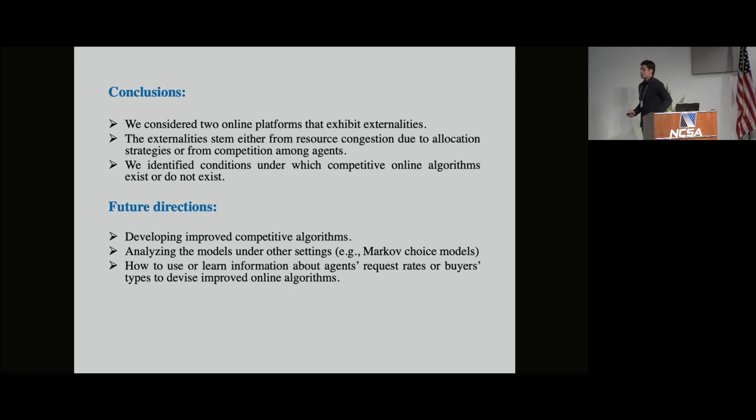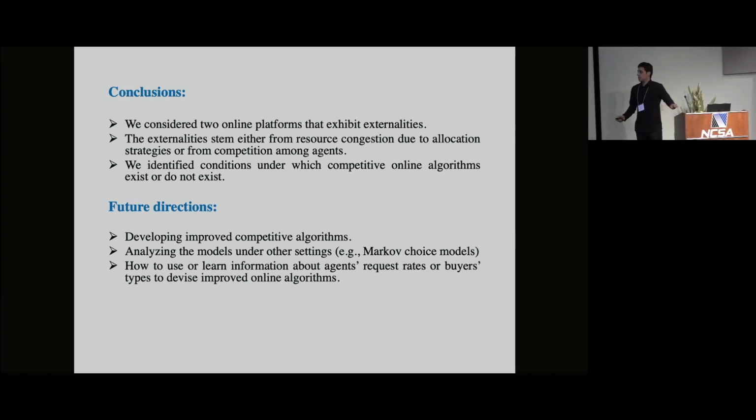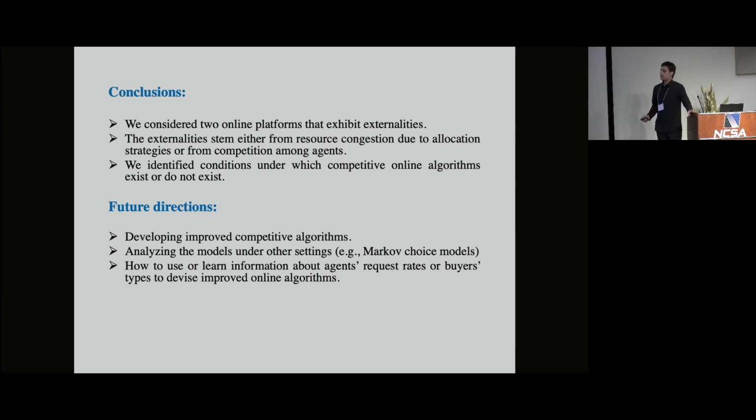There are actually some interesting directions one can think about. How can we extend our results to more general settings? For example, I only assumed the multinomial logit choice model. What if we work with more general choice models, like Markov choice models?